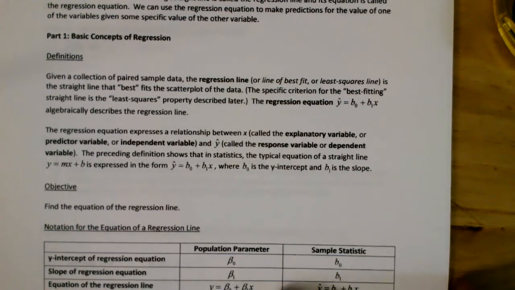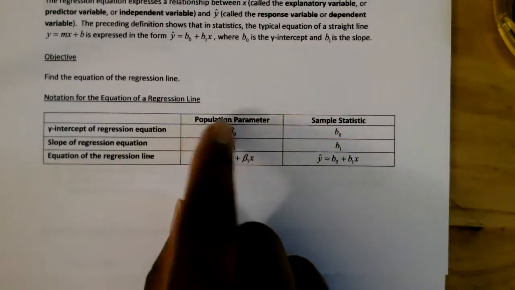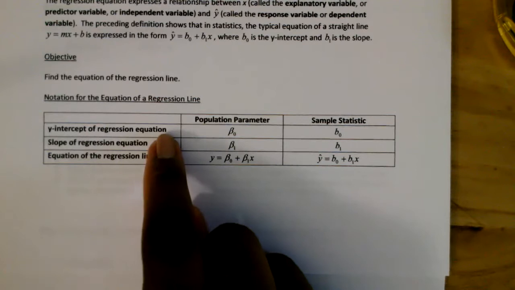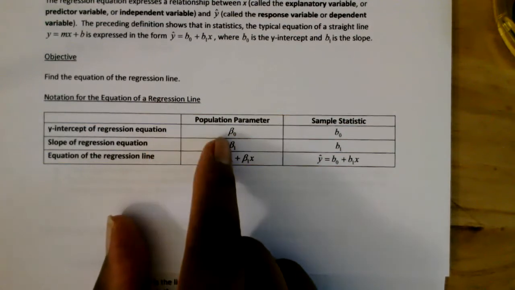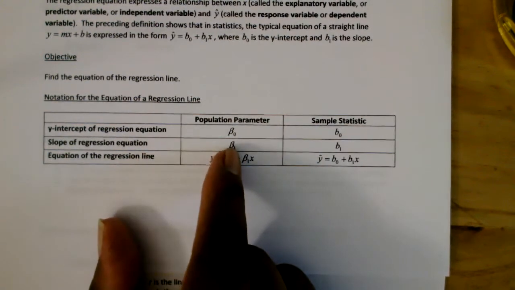Okay. All right, now let's look at some notation here that we're going to be dealing with. Here, if you're dealing with the population parameter, they use Greek letters. So the y-intercept of the regression line would be beta sub 0. The slope of the regression equation would be beta sub 1.